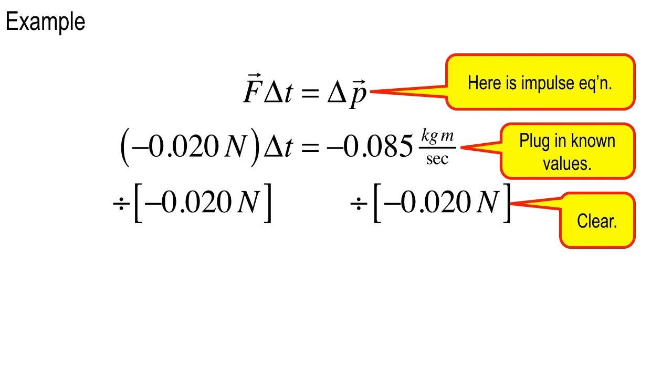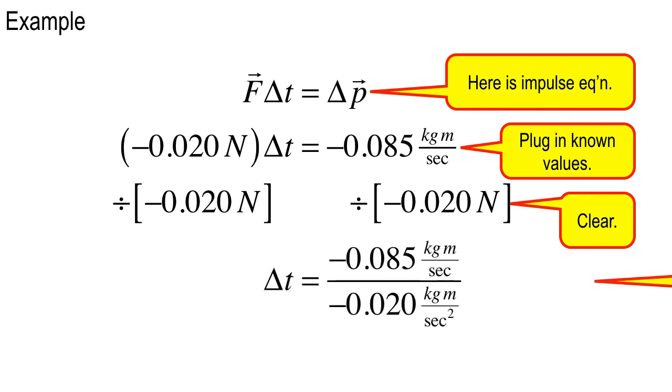And so my left side is now just plain old delta t. And I have a quotient, negative 0.085 over negative 0.020, and you can do that on the calculator. Notice the denominator: a Newton is kilogram meter per second squared, but it's a fraction in the denominator. When you divide by a fraction, that's the same as multiplying by the reciprocal.